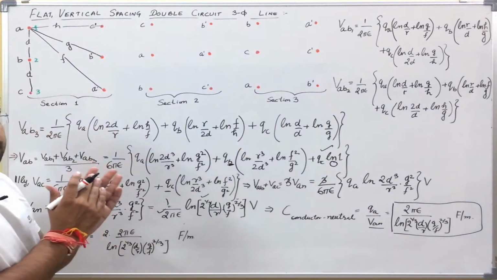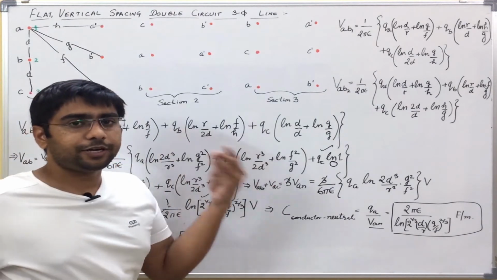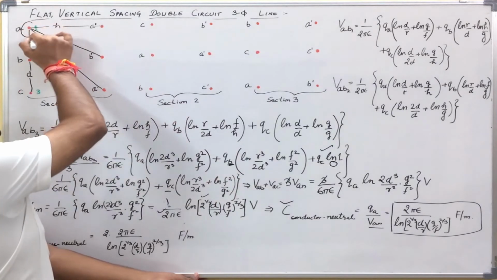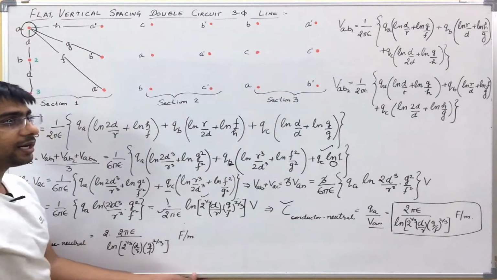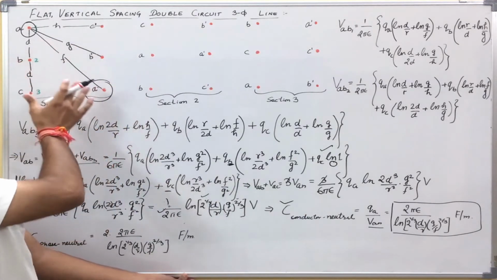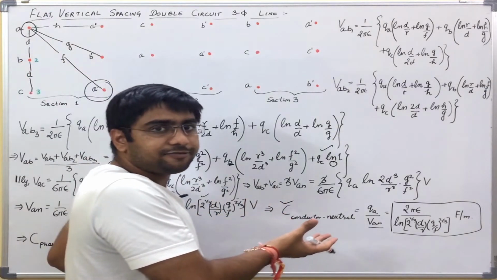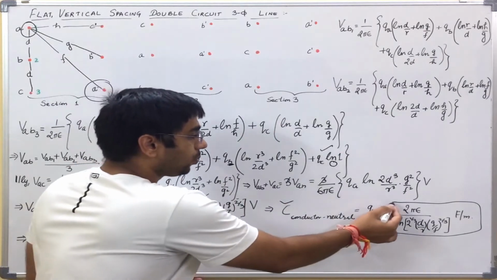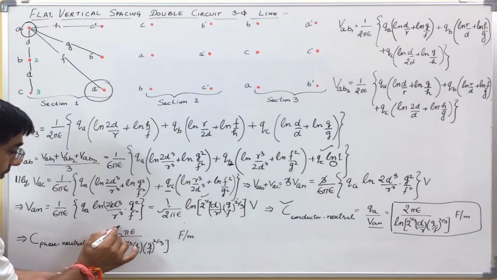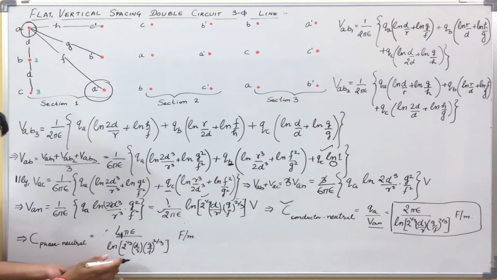But as I already told in the previous video also, this is just the capacitance between this one conductor and the neutral. This phase has one more conductor and these are in parallel, so their capacitances will add, giving us 2 times this, that is 4 pi epsilon divided by natural log 2 raised to power 1 by 3 d by r G by F raised to power 2 by 3 farad per meter.